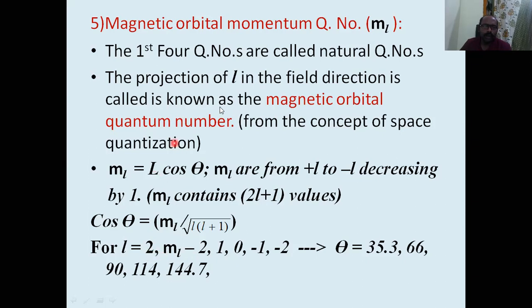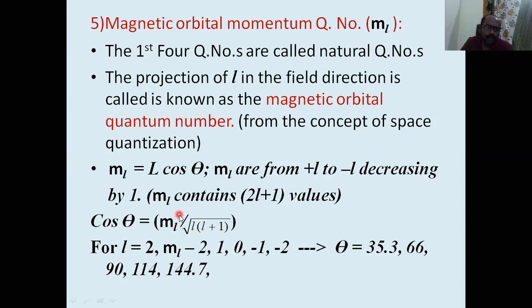As said before, there are generally 2L plus 1 values, so 2 into 2 plus 1 is 5, totally 5 values. L is fixed and ML is only changing. The denominator quantity is 2 into 2 plus 1, that is 6, so root 6 comes out around 2.45.